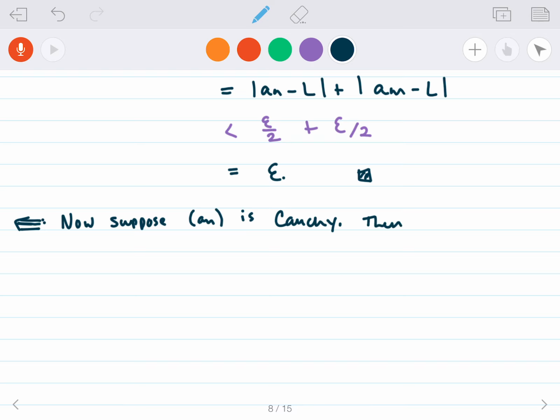Then, by our last lemma, this means that our sequence is bounded. Cauchy implies bounded.